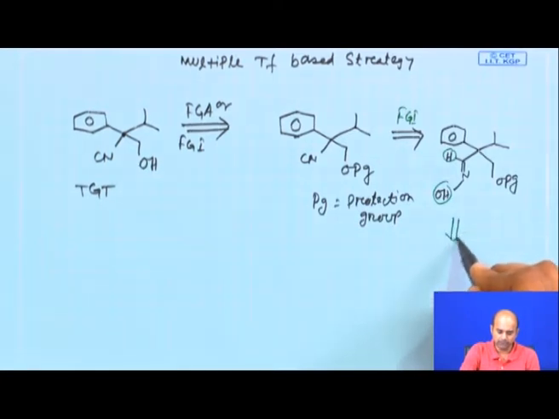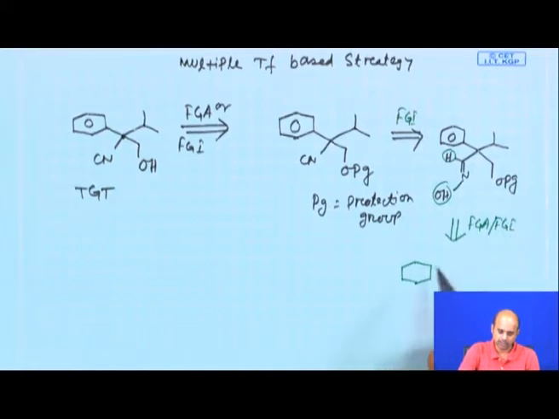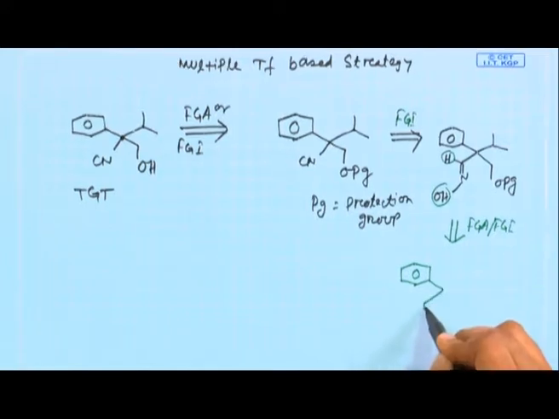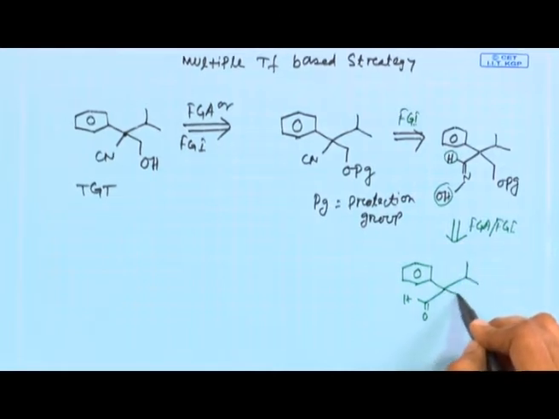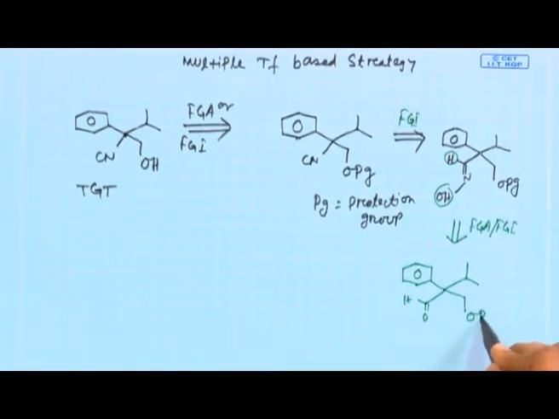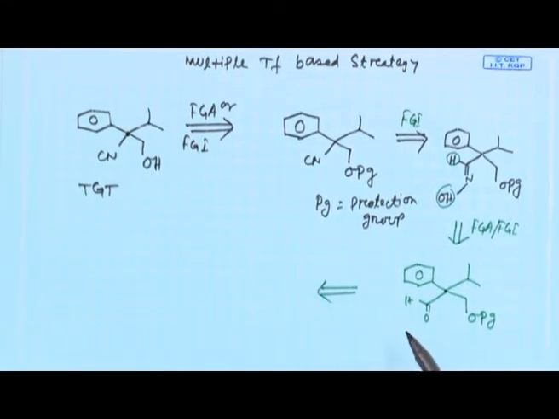Now, aldoxime means you need to have an aldehyde, otherwise you will not get the aldoxime. So, this is again an FGA or FGI to come back to the parent aldehyde, CHO, the isopropyl remains similar and this group is protected with a suitable protecting group. So, we are here. Now, this carbon is an all-carbon quaternary carbon.